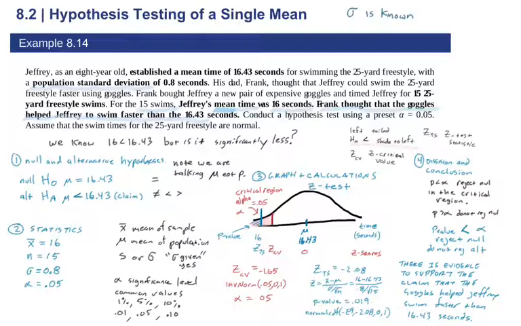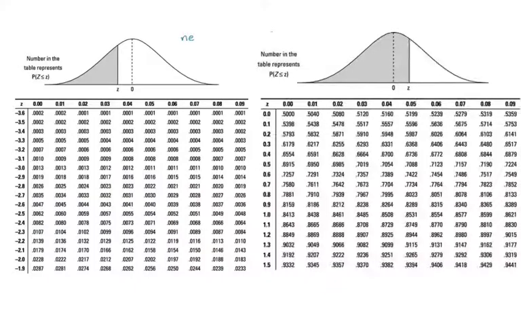Okay, so let's look at how we actually came up with some of this with this p-value, using the actual charts. The key thing is when you're using one of these tables, always look at the pictures. It's always a good idea to have your pictures lined up.